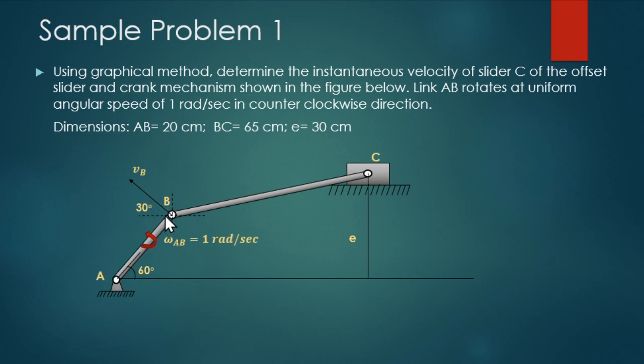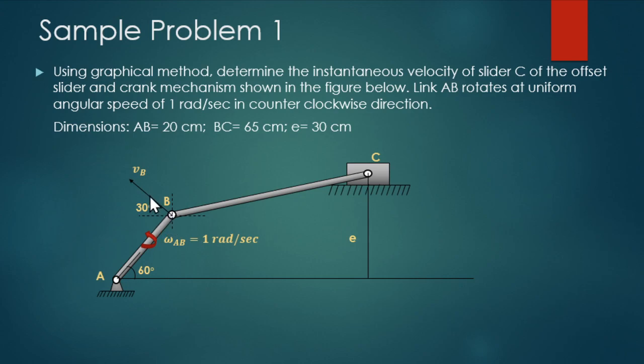So the direction of your velocity B is equivalent to 30 degrees along with the negative x axis.